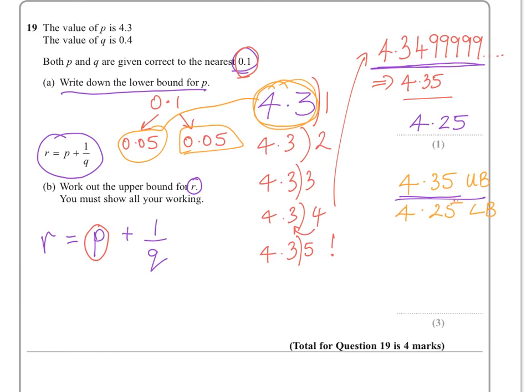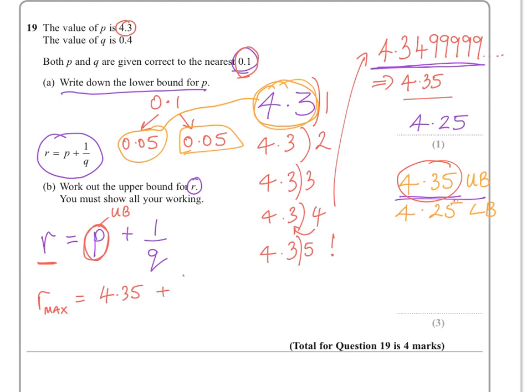Okay, because R is to do with P plus something else, which we'll come to in a minute. So we want P to be its upper bound. So let's have a look. P, its upper bound, well, that's 4.35.